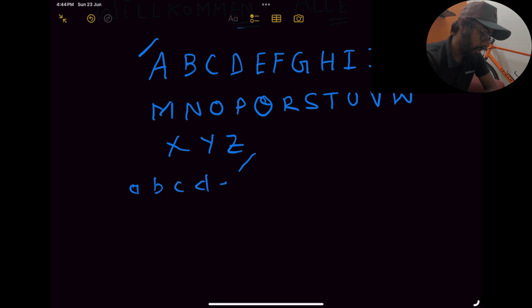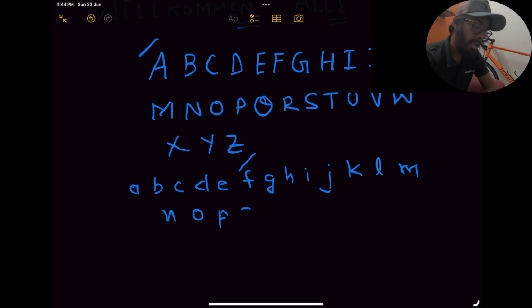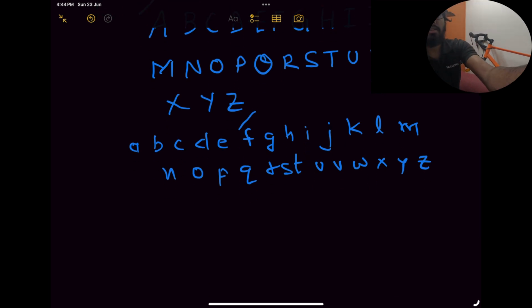A, B, C, D, E, F, G, H, I, J, K, L, M, N, O, P, Q, R, S, T, U, V, W, X, Y, Z. Okay, so we have these 26, and apart from that we have 3 more additionals.